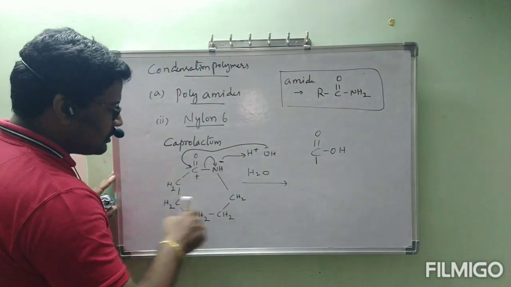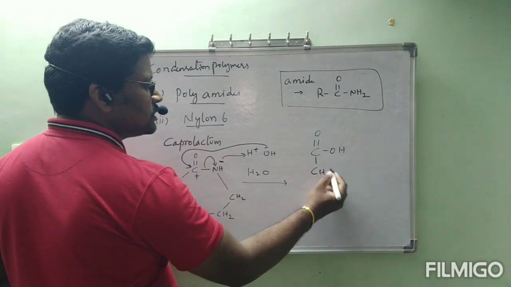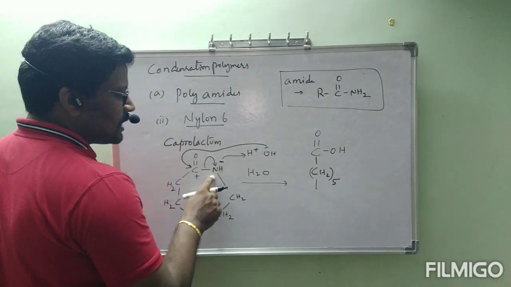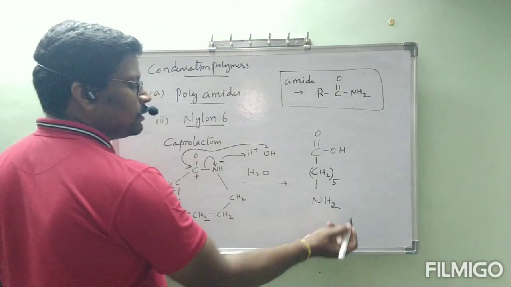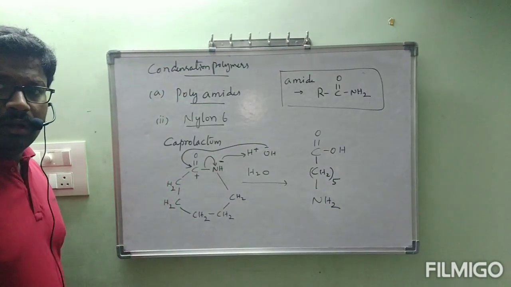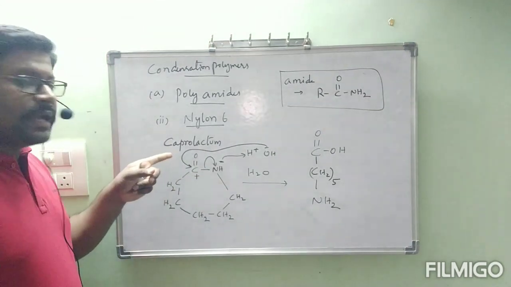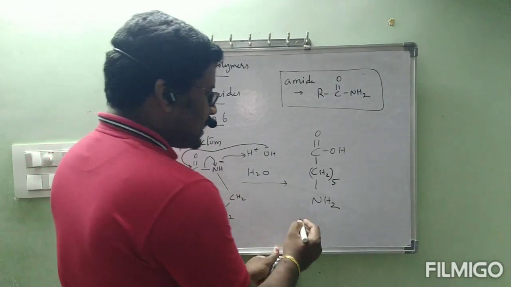How many CH2s are there? 1, 2, 3, 4, 5. 5 CH2s are there, CH2 5 times, continuation. This NH is getting one H, so we will get NH2. Okay, first step: this caprolactam will undergo reaction with water to form caproic acid.